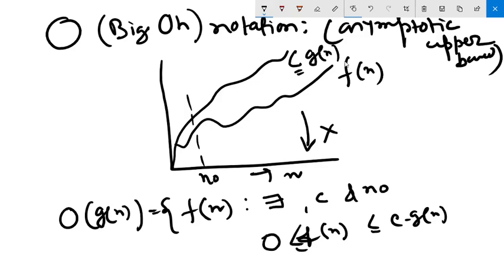There is no negative value consideration in any of the cases. And finally, for all n greater than or equal to n0, because it has to be a minimum value.